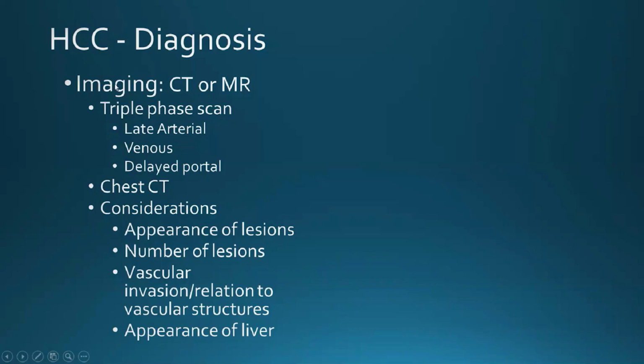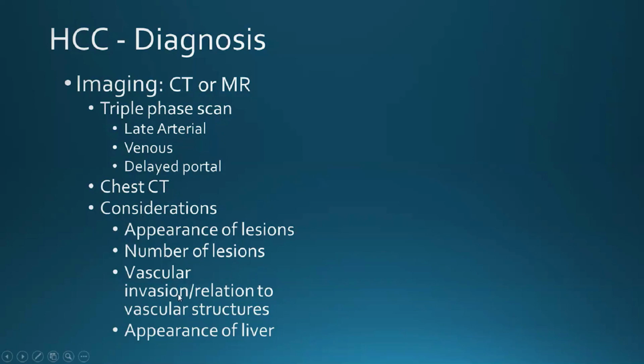So we talked about CT scan and all the necessary phases, then chest CT, also just to rule out malignancy, metastatic lesions. And what is also important in these studies is the appearance of the lesion and the number of lesions that we see, because these are all prognostically different.